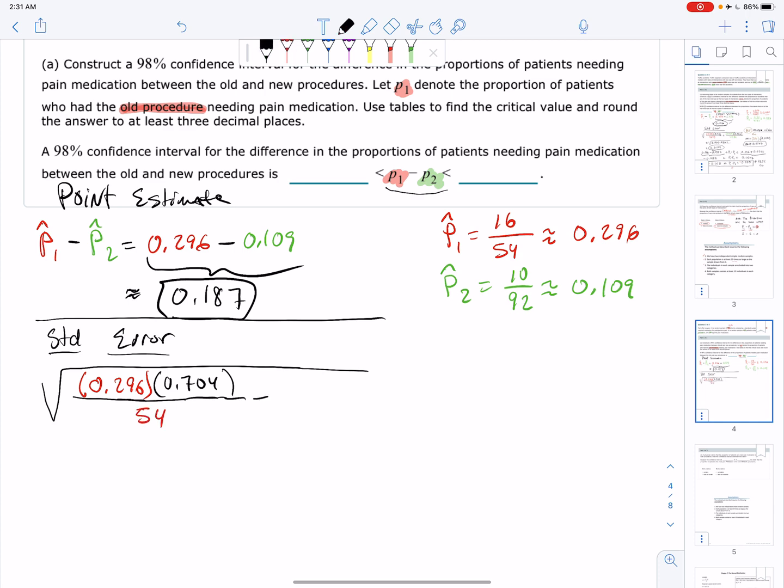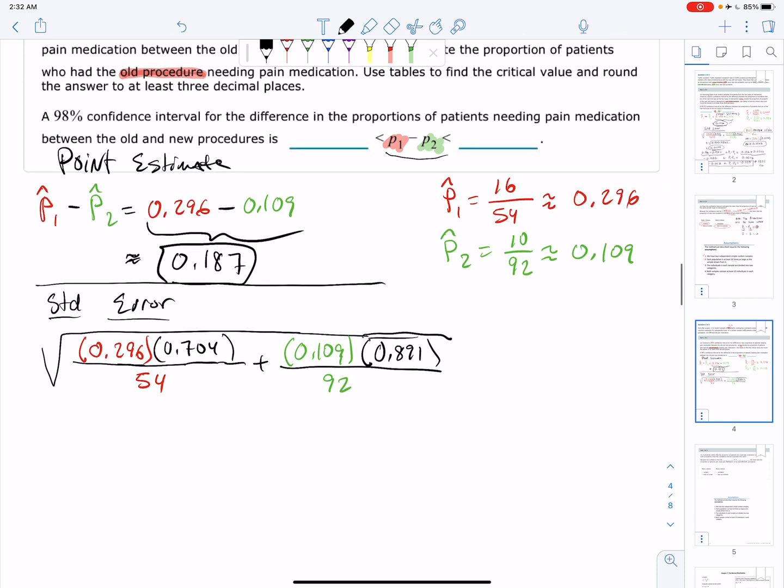Then I'm going to add that to my second sample proportion, 0.109, times its complement, which is 0.891, divided by the sample size of that second sample, which was 92.